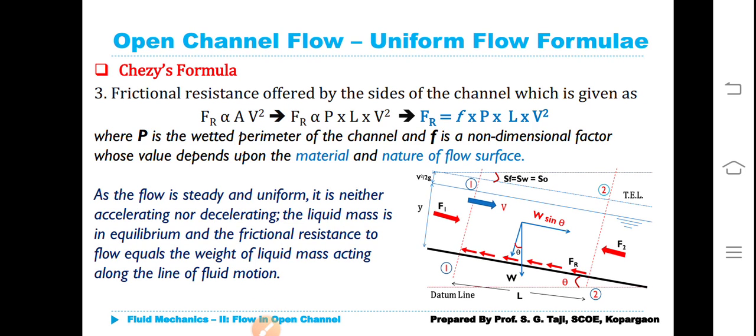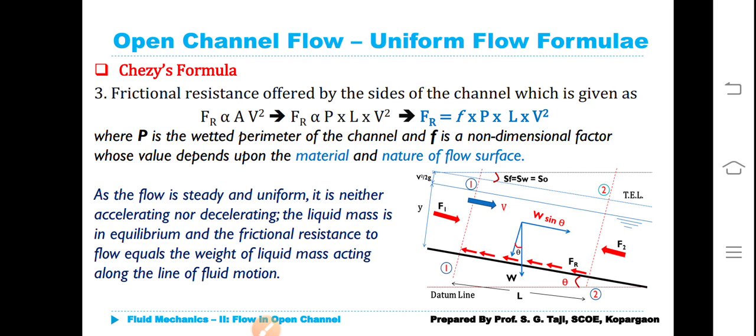Third, frictional resistance offered by the sides of the channel, which is given as Fr, which is proportional to A V squared, which implies Fr is proportional to P into L into V squared.